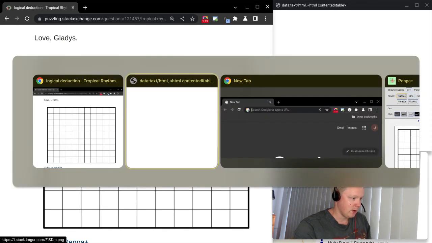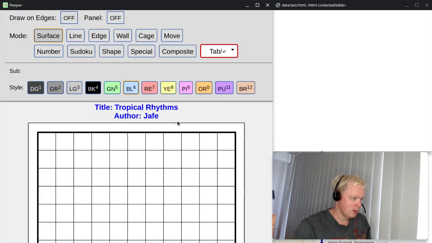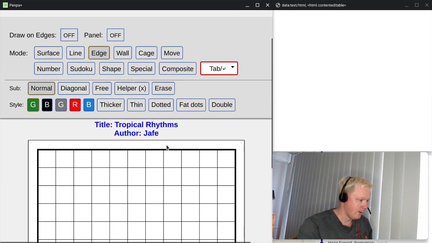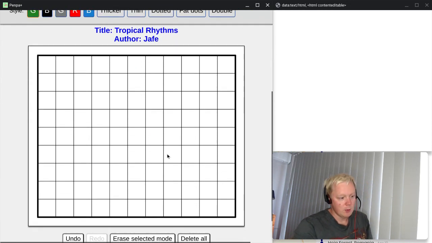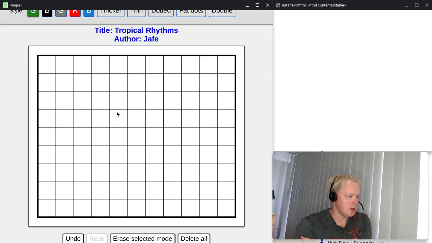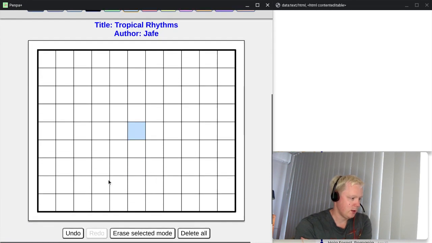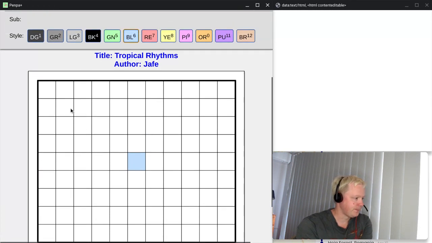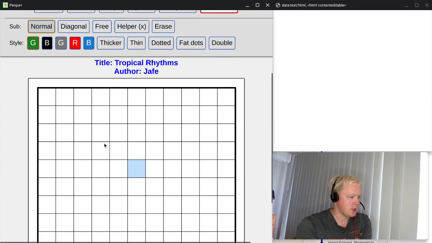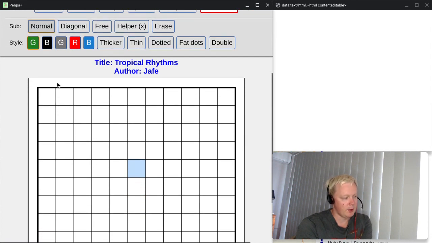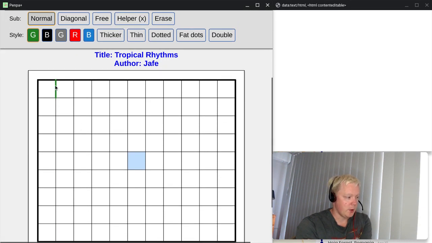But what the symmetry requirement means, if I look at the editable grid here, is, first of all, we have a central cell here, which is this one. This is 9 by 11, so there is a central cell. And if we have a line separating these, which is 1 to 2 on row 1, then we have to have a symmetrical line.